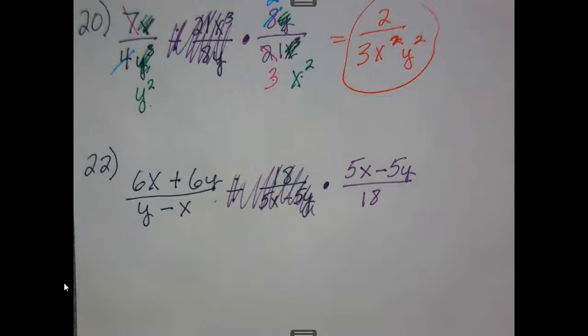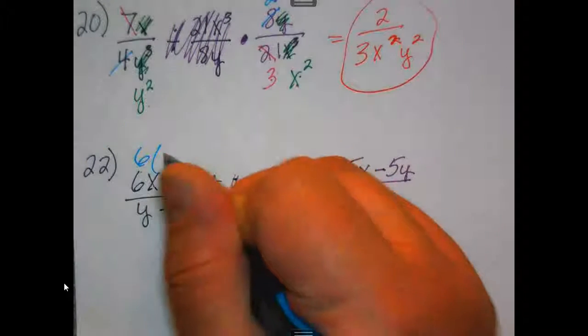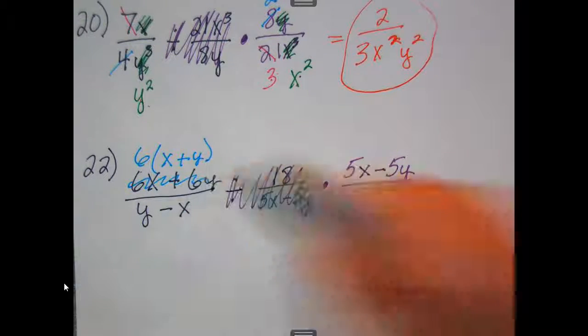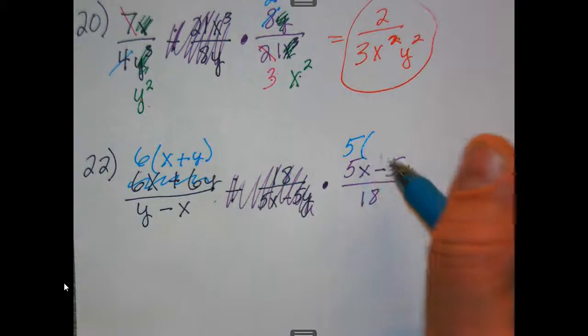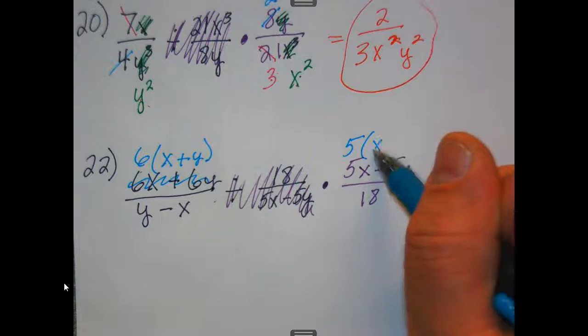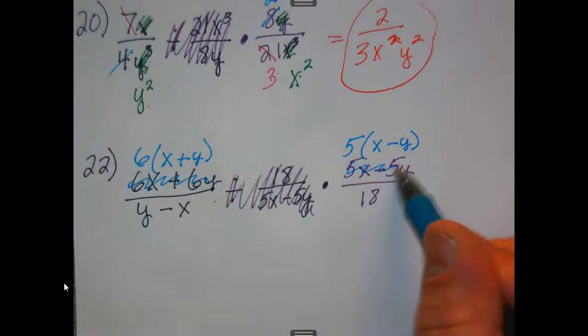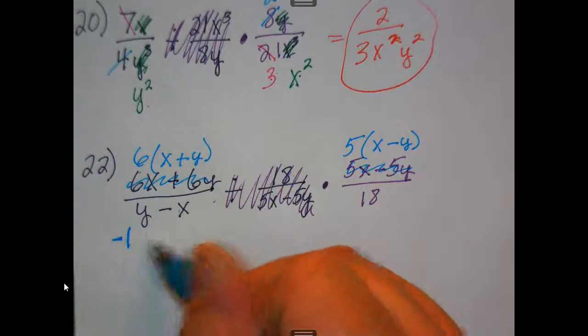Okay, I have to factor what I can. Take a 6 out of here. X plus y. Take a 5 out of here. I get x minus y. I need to flip these. Then I can cancel them out. So I'm going to take a negative 1 out.